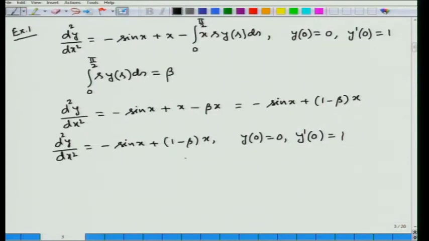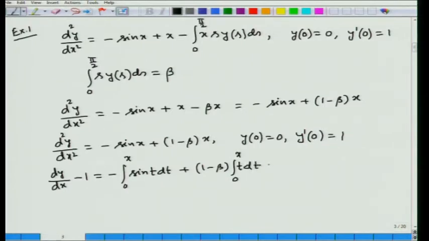So, if we integrate both sides of this equation and use the condition y dot (0) equal to 1, that means we are integrating between the range 0 to x, then we can find dy/dx minus 1 is equal to minus integral 0 to x sin t dt plus (1 minus beta) integral 0 to x t dt.